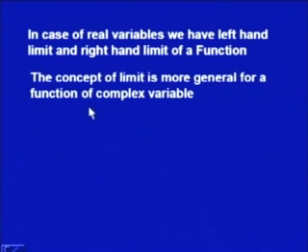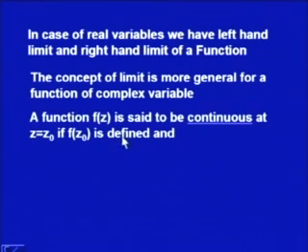We have two limits in case of real variables because we can approach the point from left side or from the right side, as the function is defined on an interval. But in case of complex variables we can have infinitely many paths to approach the given point z naught. So, in this sense all the limits from all the paths should be equal, and we say this concept is more general in case of complex variables.